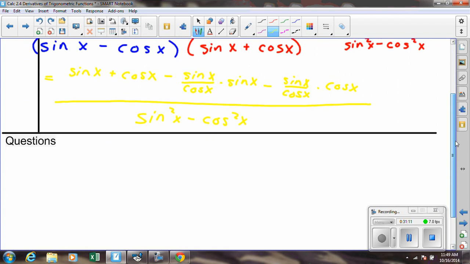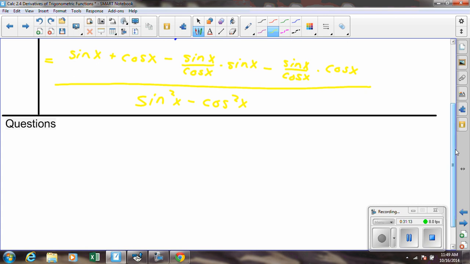Okay, so after rewriting that, we can see some pieces that will be beneficial. Multiply by cosine, divide by cosine, cancel each other out. You should then note we have a sine of x with a minus sine of x. Those cancel each other.